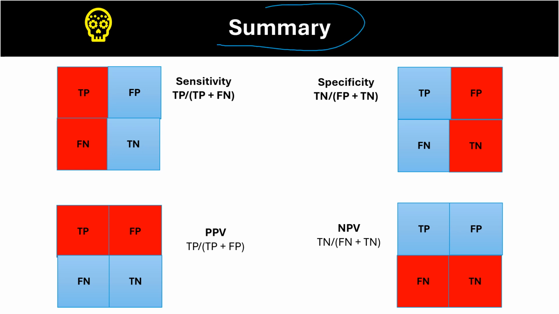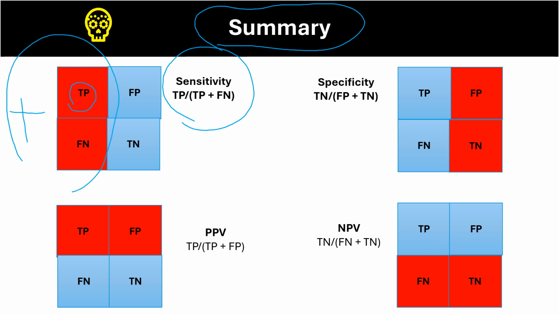Let's summarize what we have discussed before. Very important before the exam, you have to know how to calculate sensitivity, specificity, and positive and negative predictive values. Let's start with sensitivity. Sensitivity means true positive divided by true positive plus false negative.